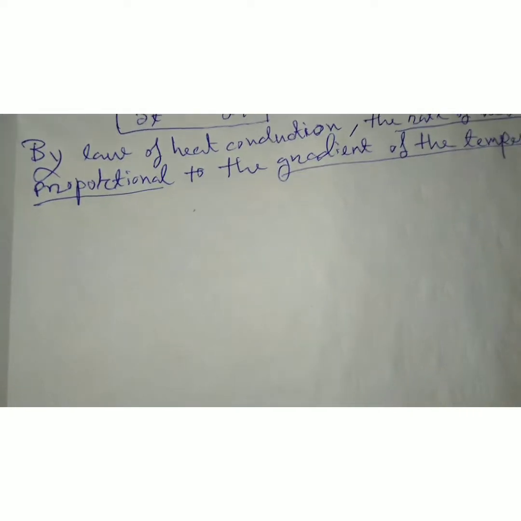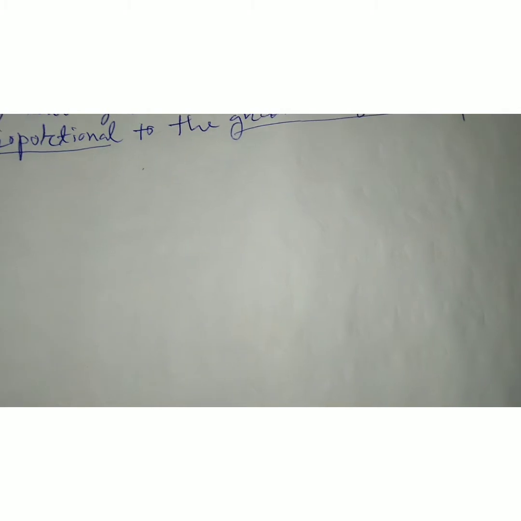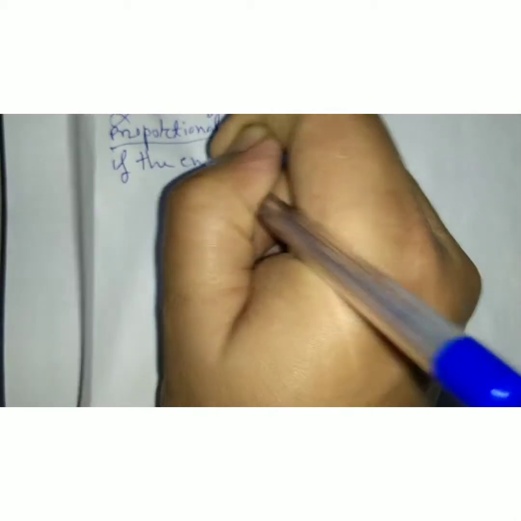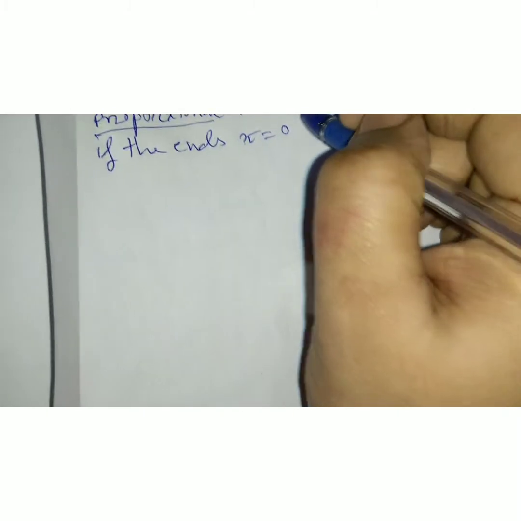So we have thus, if the ends x equals 0 and x equals L, where L is equal to 100 centimeters, of the bar are insulated.